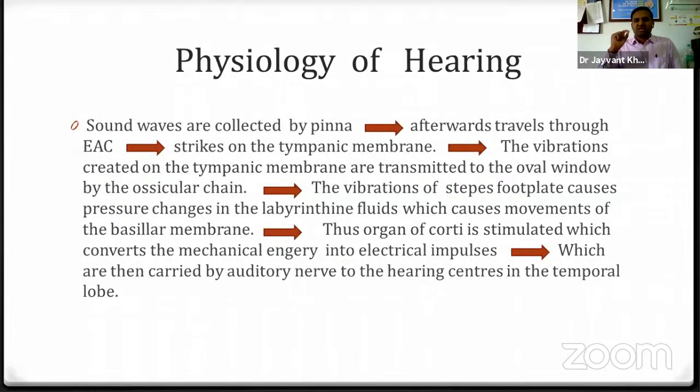These three structures are important for the conduction of sound waves from the environment to the internal ear or auditory cortex. So if there is a pathology, congenital, traumatic, or inflammatory, then there is conductive deafness or hearing loss, or traumatic hearing loss, or sensorineural hearing loss.